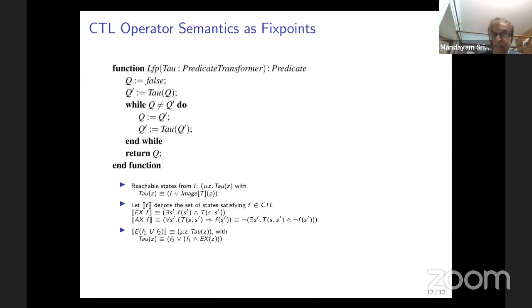If there is a state in which F1 holds good and one of its successor states leads to something that you have already accumulated, then you add that. This is what is happening in each step, and you keep doing this until you reach a fixed point.